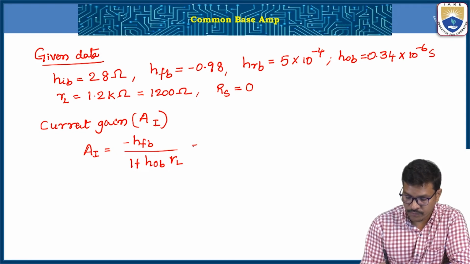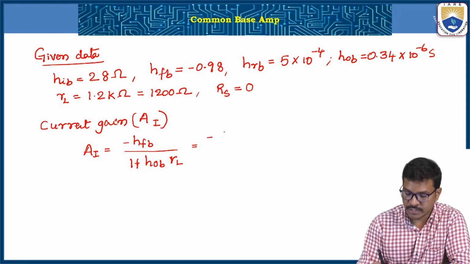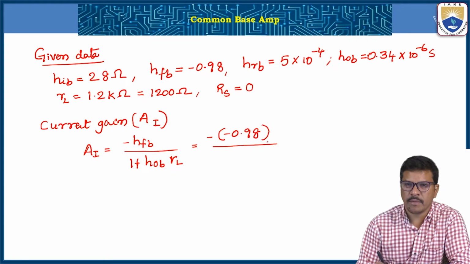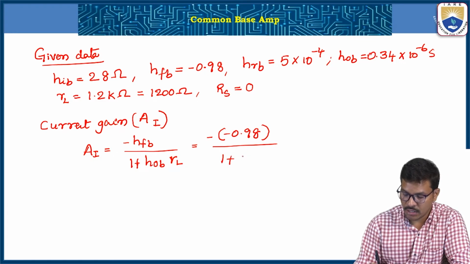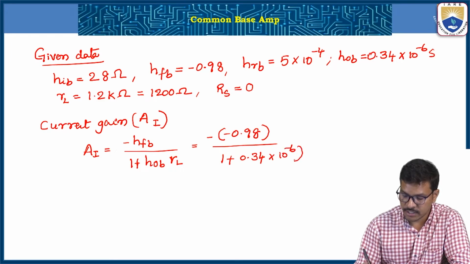So minus HFB is equal to minus 0.98, divided by 1 plus HOB 0.34 × 10^-6 into 1200 load resistor.